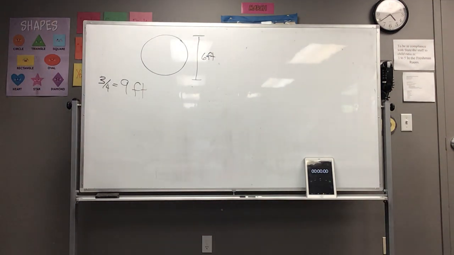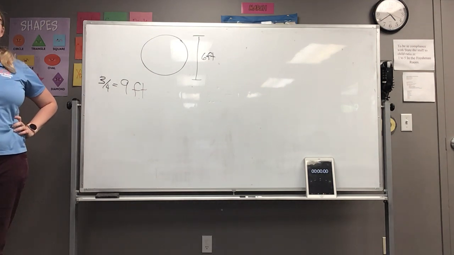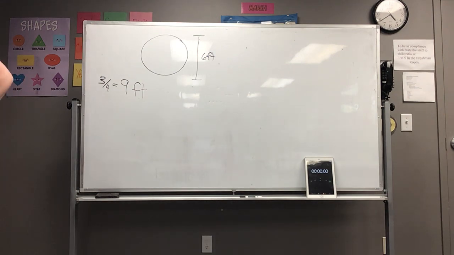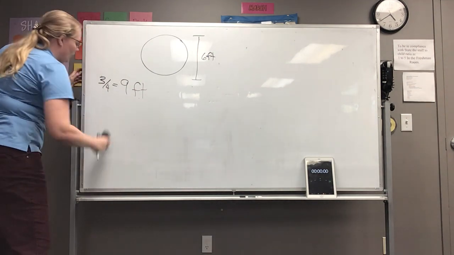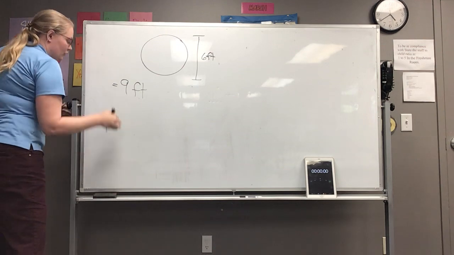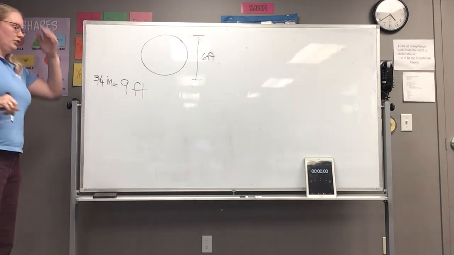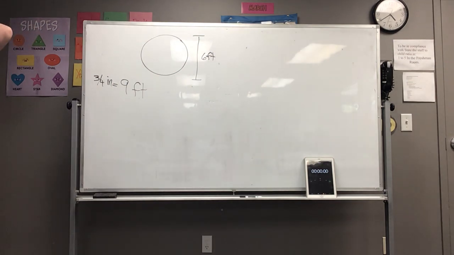And so the question is, what is the area in square inches on the drawing? Oh, it should have been 3/4 inches. Sorry, I forgot to copy that part. So 3/4 inches is equal to 9 feet.